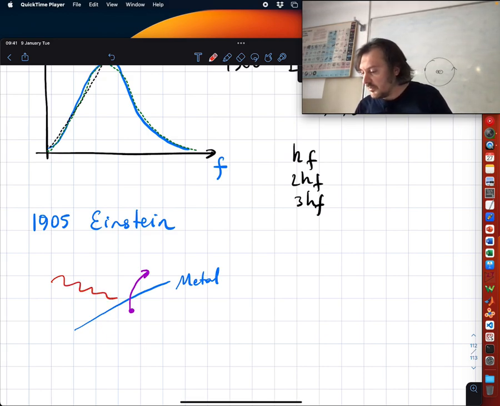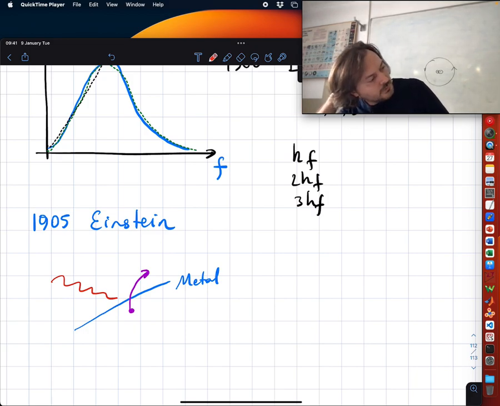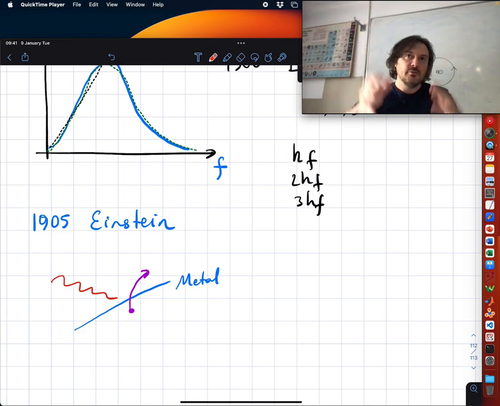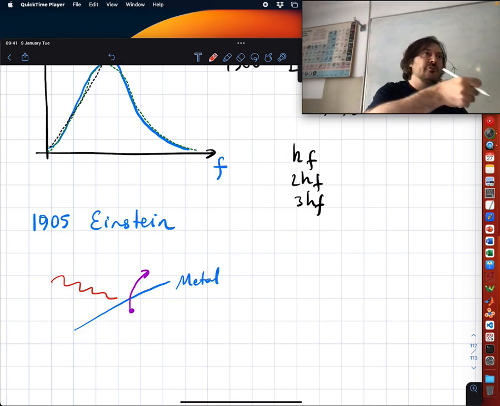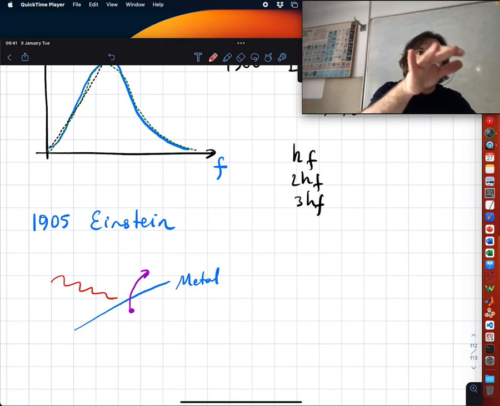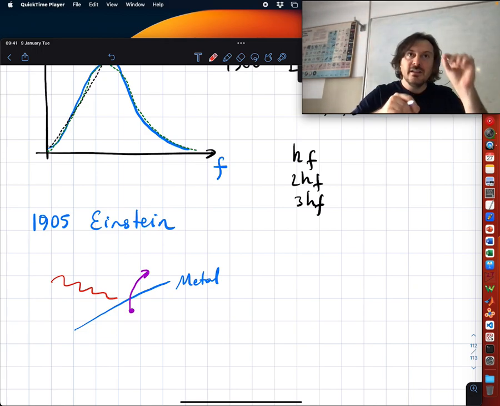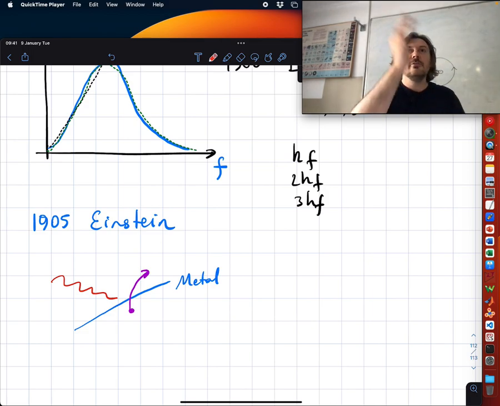But it turns out that for certain metals, you might put in a lot of red light and nothing happens. A lot of red light and nothing happens. But a little bit of blue light and electrons start going out. How do you explain this?